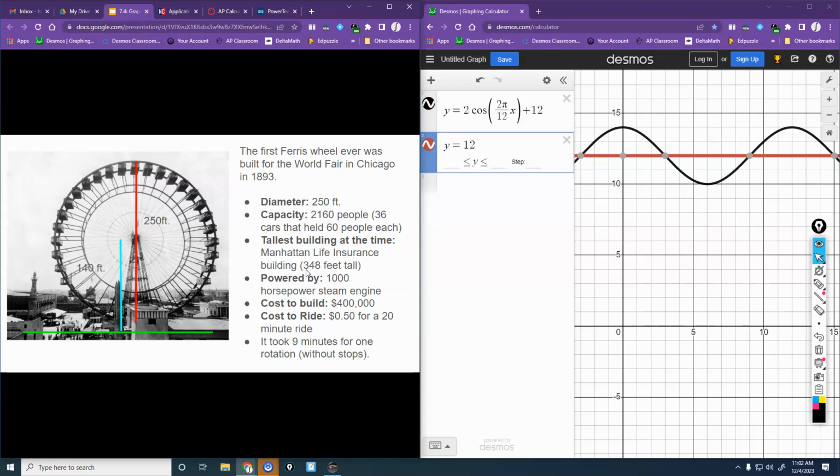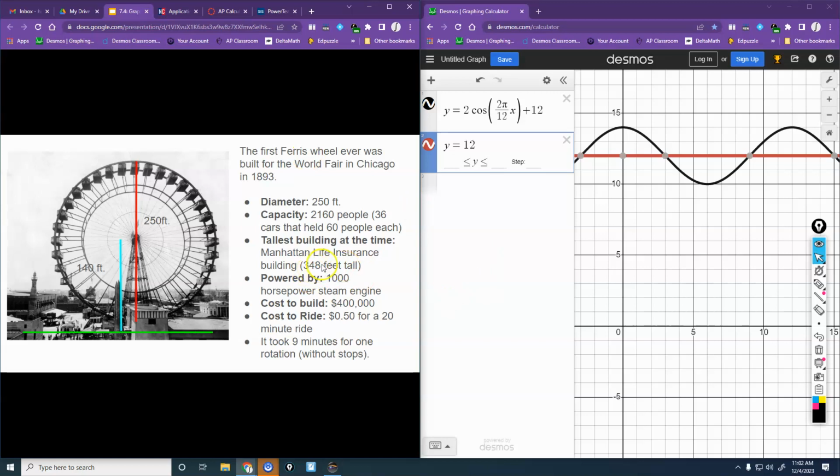There were some like wooden structures that were a little bit like wheels, but they were much smaller and they did not operate the same. So, Mr. Ferris designed a Ferris wheel for the World Fair. And this is the first Ferris wheel we've ever made. Ever. And the first Ferris wheel that he made was 250 feet tall.